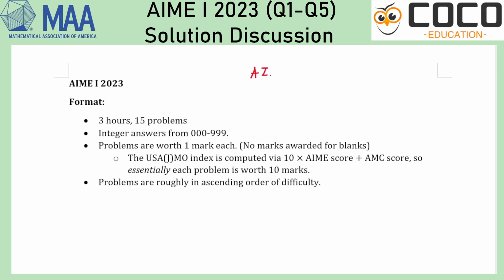For instance, if your AIME score is, let's say, a 7, and your AMC 10A score is, let's say, 121.5, then 7 translates to 70, and this AIME plus AMC 10A combines to an index of 191.5.